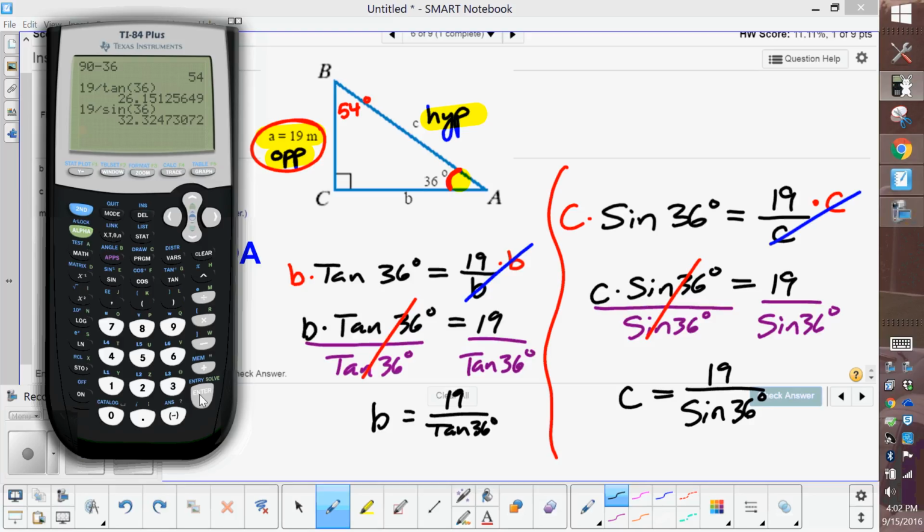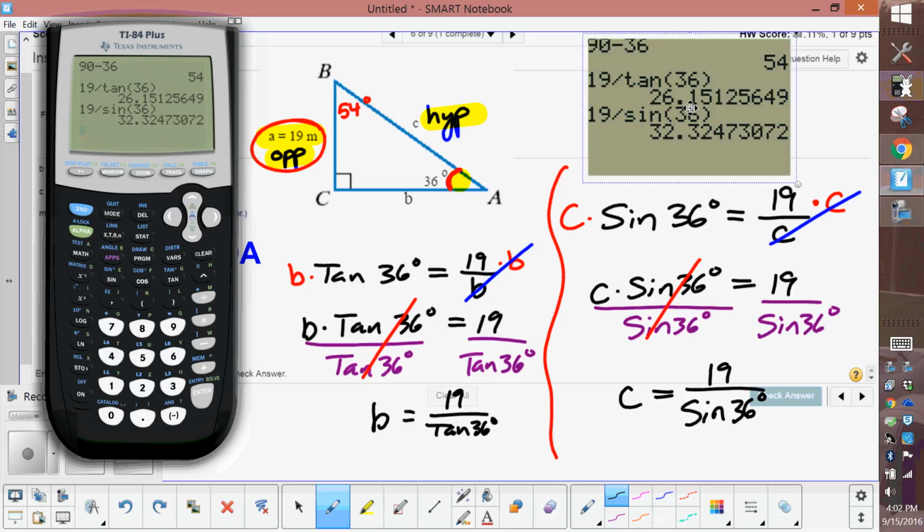Okay, I do have to round appropriately. You do need to remember that when rounding, I'm going to round to the nearest hundredth. And you'll notice both those numbers, 26.15 does not round up, 32.32 also does not round up.